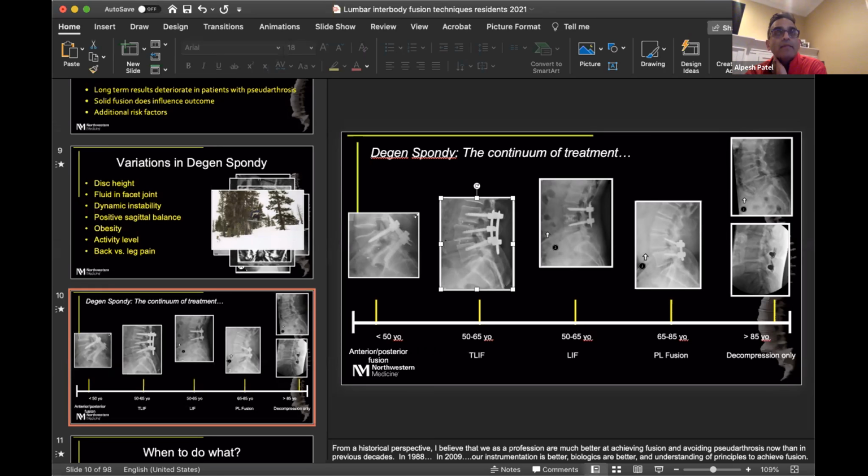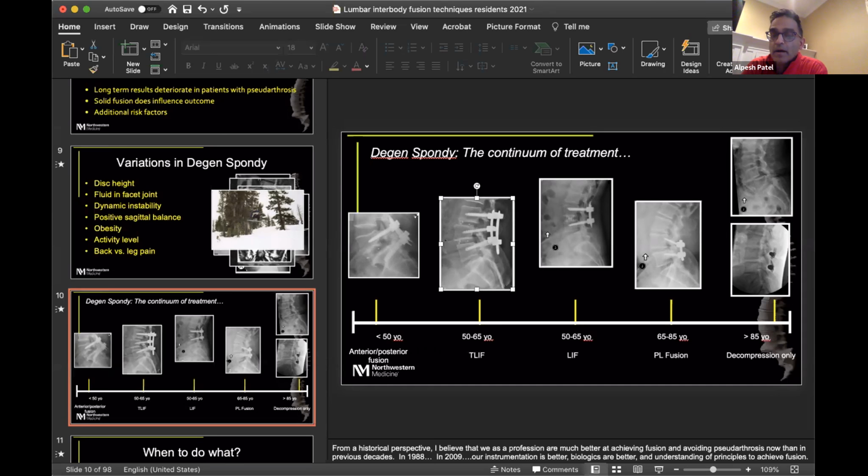And then the other group is folks with multi-level fusions, who, if you start doing a 3-level MIST lift, the amount of time and effort you spend on that and the amount of anesthesia time starts to become a little overwhelming. So for those folks, I still like the idea of a straightforward, midline open LAMI and posterolateral fusion in that setting.